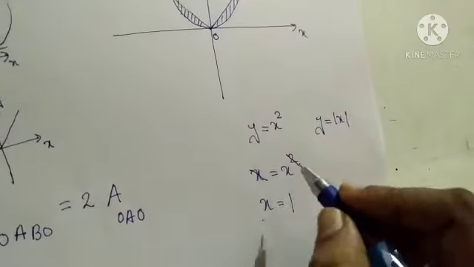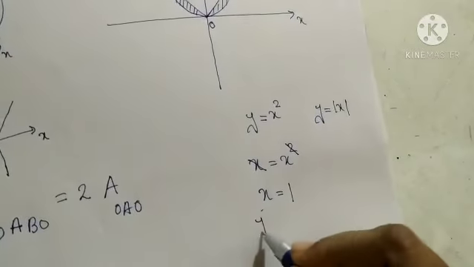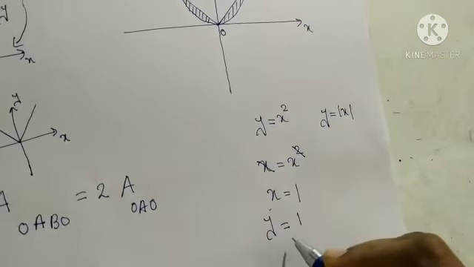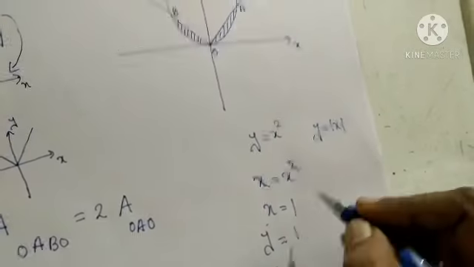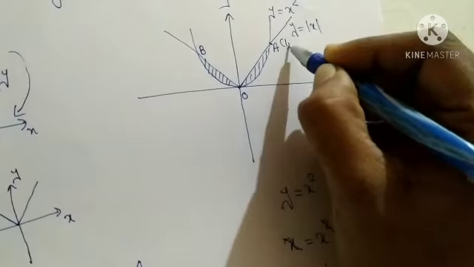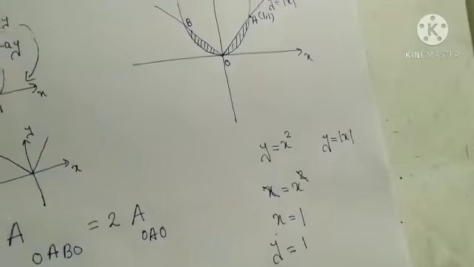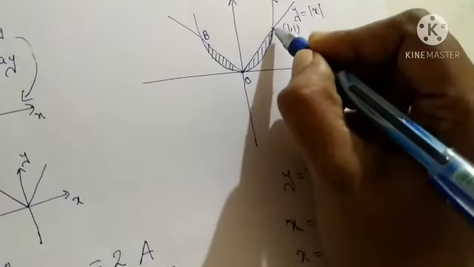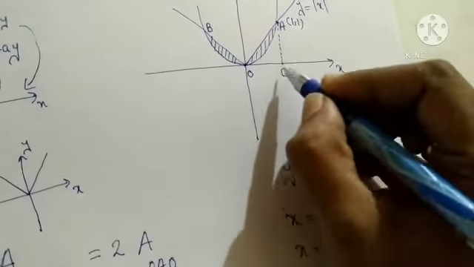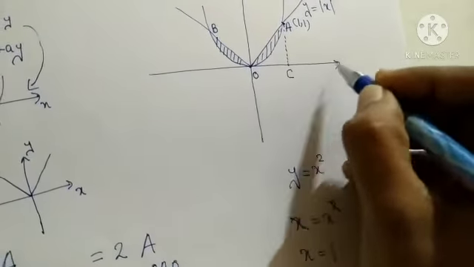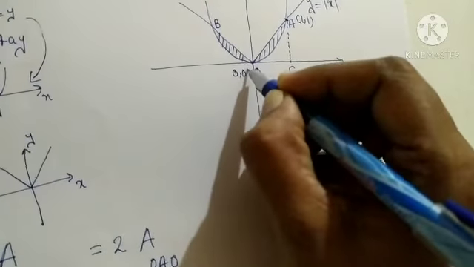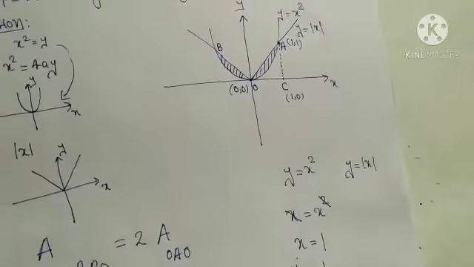So if x equal to 1, y equal to 1. We get this point as (1, 1). I extend this point and name it as C, and this point on the x-axis is (1, 0), and the origin has the coordinates (0, 0).